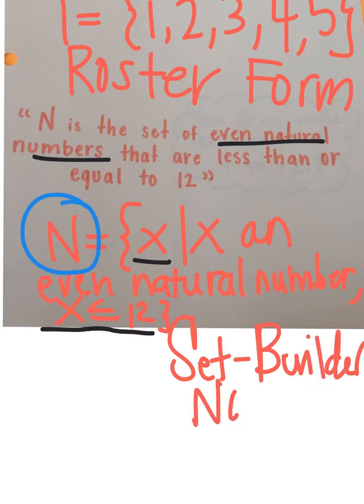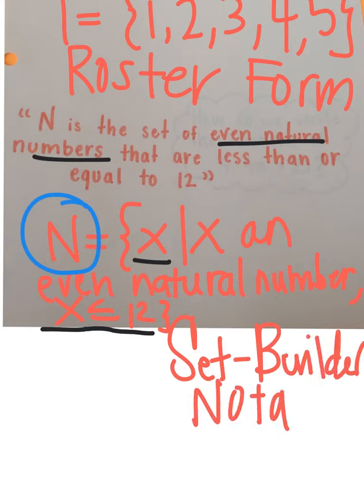Okay, so these are the two different types of notation we'll be focusing on. The difference again is that set builder notation describes the elements within a set.